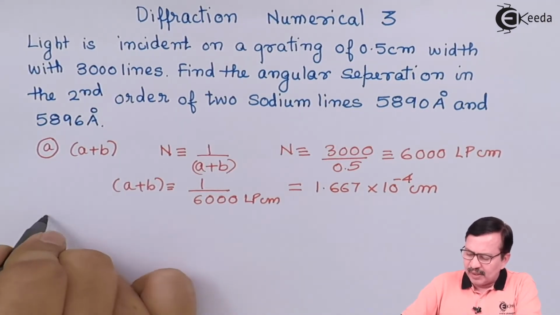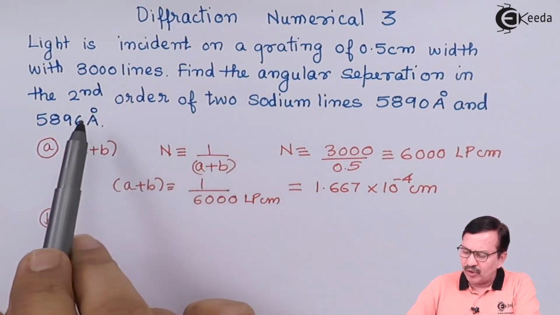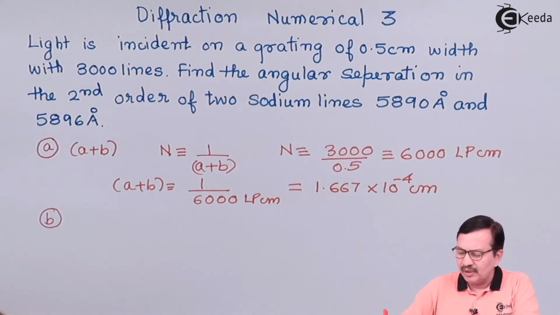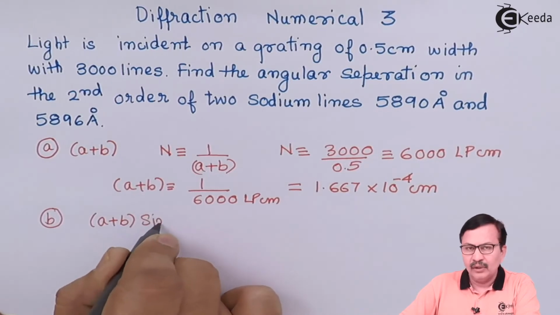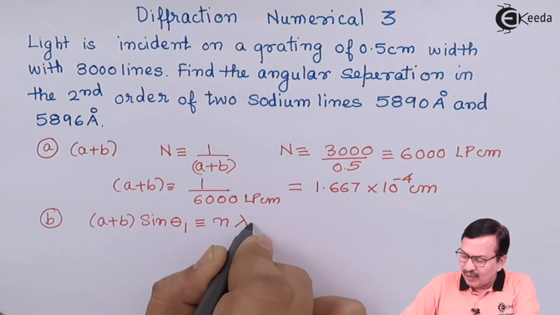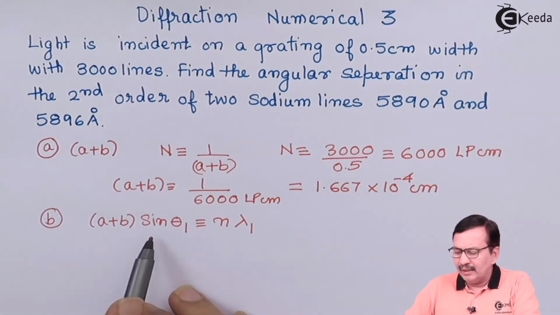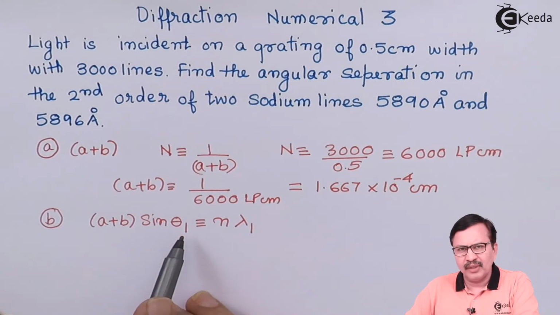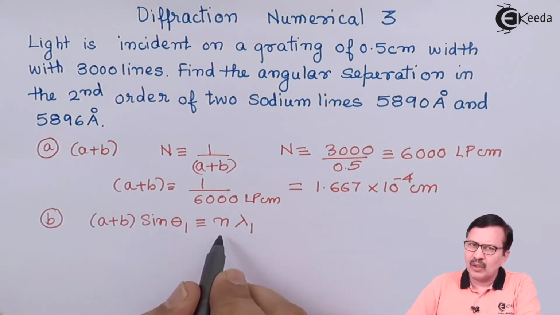Now comes the second part of the problem. In that, we have to find out the diffraction angle for one of the wavelengths, that is 5890. We use the grating equation (A plus B) sine theta 1 is equal to n lambda 1, wherein lambda 1 is 5890 and theta 1 is the corresponding diffraction angle for the wavelength lambda 1, and n is nothing but the order.